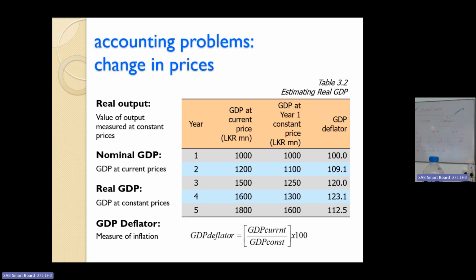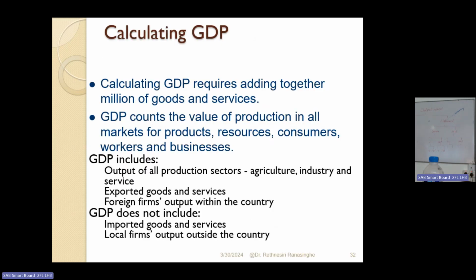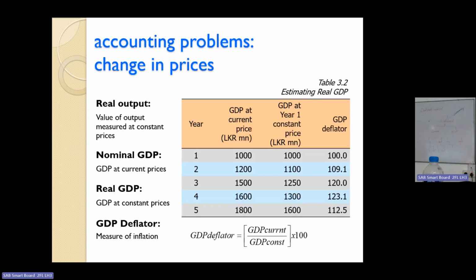I mentioned two methods: you can use the base year method or the price index. Here we use the price index. Now here we have the GDP deflator. What is the GDP deflator? That is called the implicit price index.